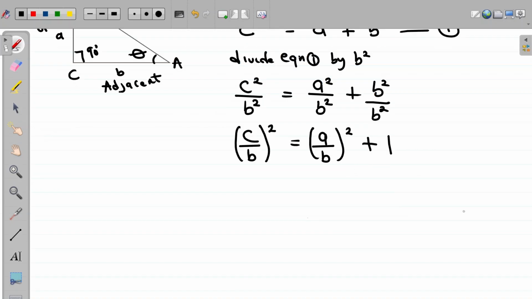From our ratios, we obtain that C divided by B is equal to sec theta and A divided by B is equal to tan theta. Therefore, our equation can now be expressed as sec squared theta is equal to tan squared theta plus 1.